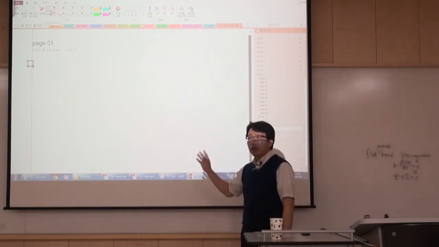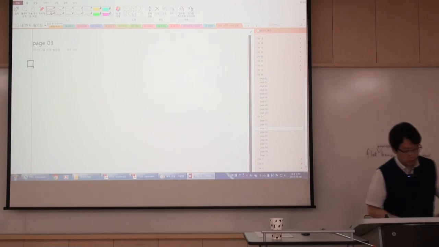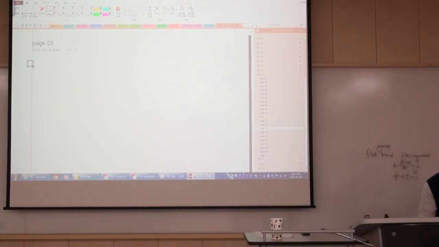So first we start from our constrained optimization problem. First we formulate the Lagrangian function, or sometimes it is written as this.